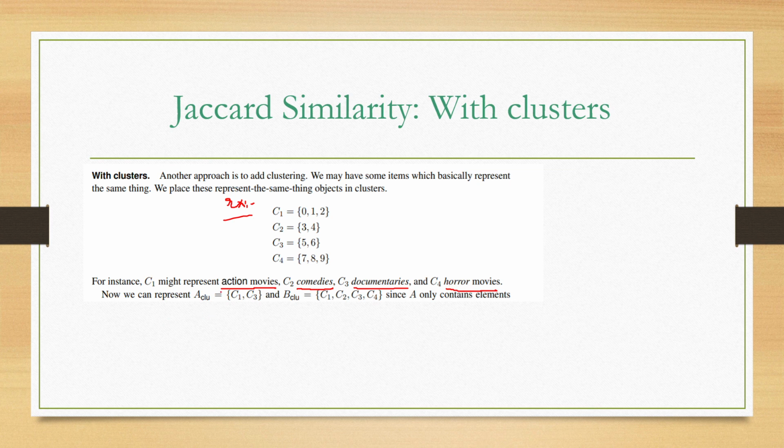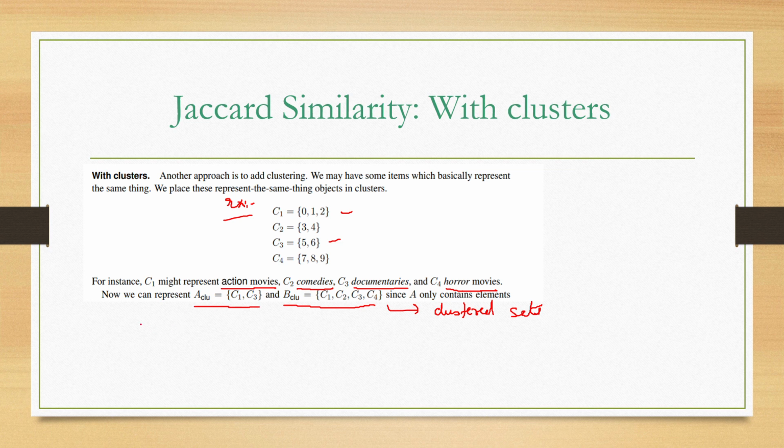And then we built up sets A and B, and these are nothing but the clustered sets. So this A clustered set comprises of C1 and C3 from here, and B cluster comprises of C1, C2, C3 and C4.